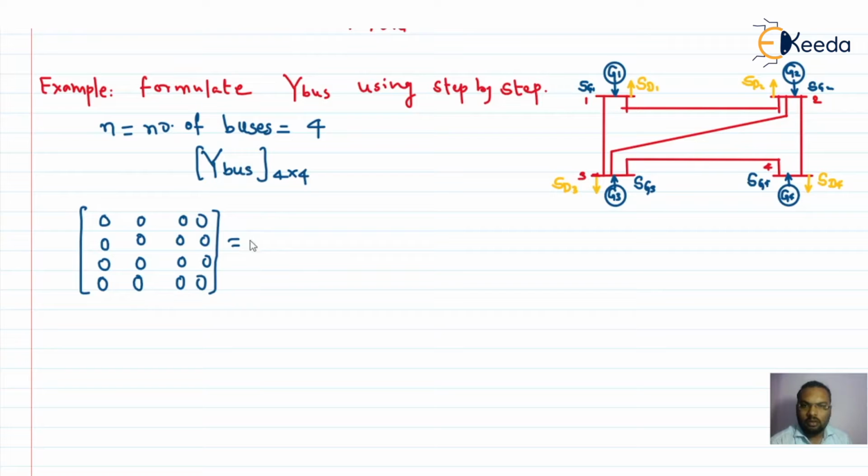This is my Y bus matrix, and of course it has an order 4 by 4. This is the first step. Now, secondly, consider an element is being added between first bus and the ground.